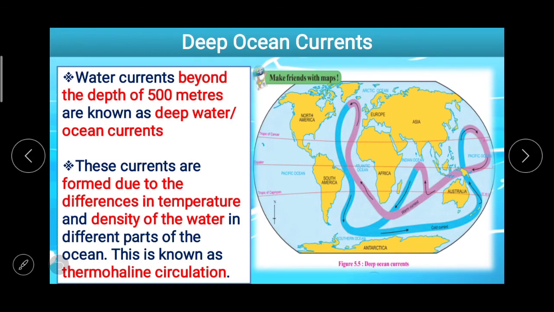These currents are formed due to the differences in temperature and density of the water in different parts of the ocean, and this is known as thermohaline circulation. These currents flow till the seabed of the ocean, and they flow like rivers continuously below the surface of the sea. Now you can see in this figure 5.5 deep ocean currents.